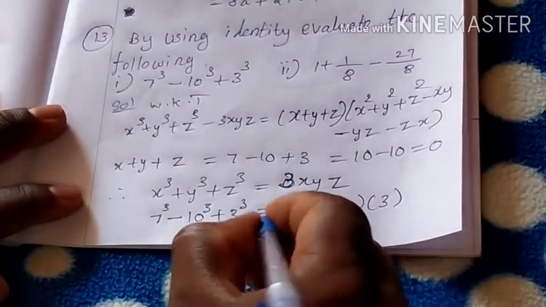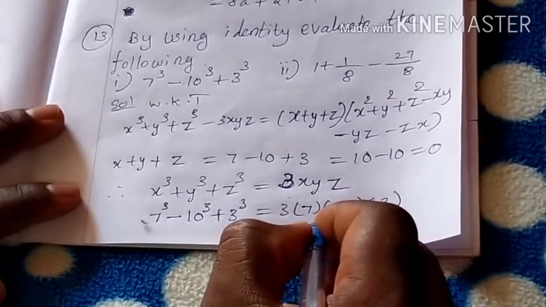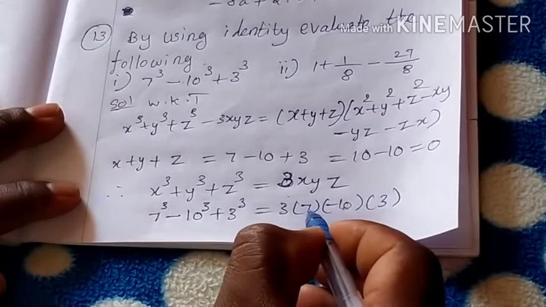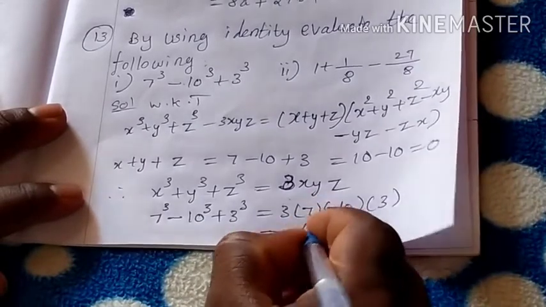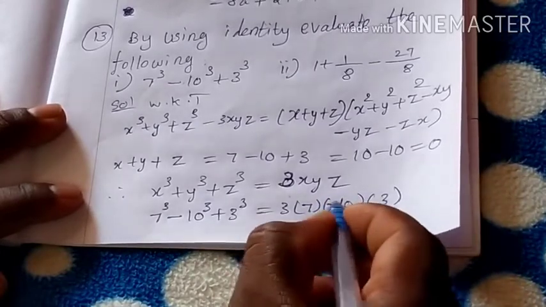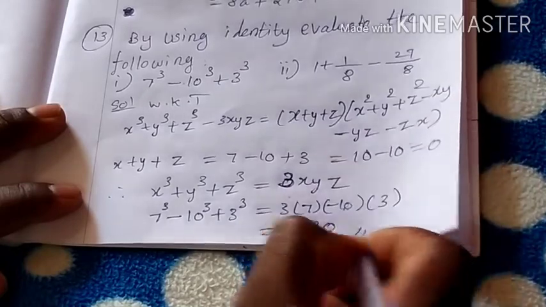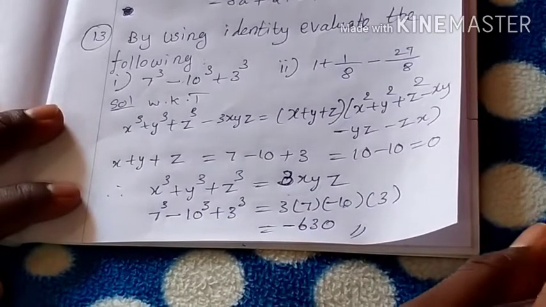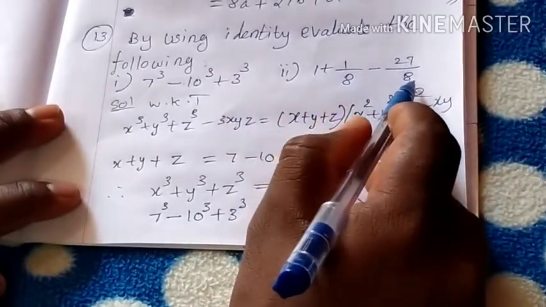Multiplying all the values, we get the answer of the question. 3 threes are 9, 9 sevens are 63, 63 tens are 630. So minus 630 is the value. Have you understood?